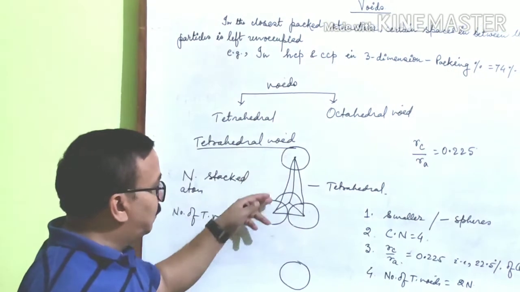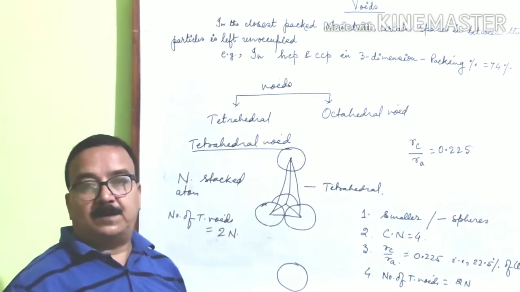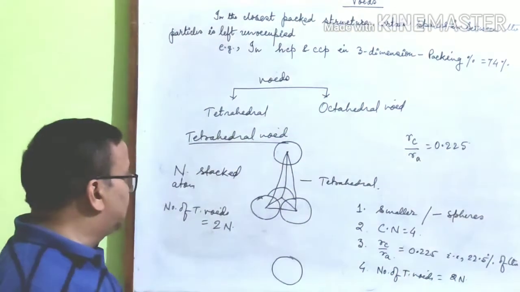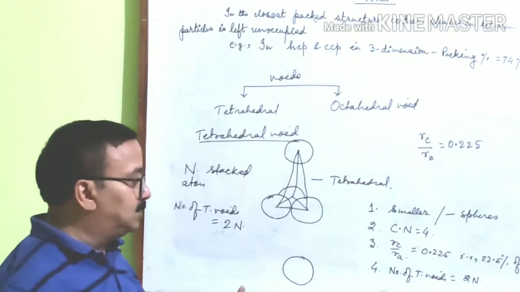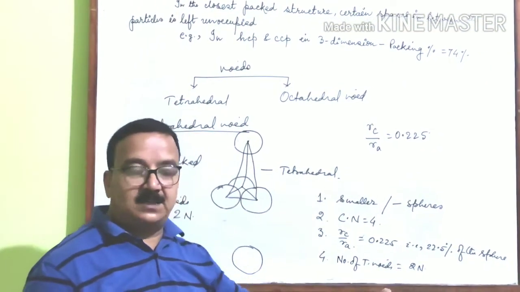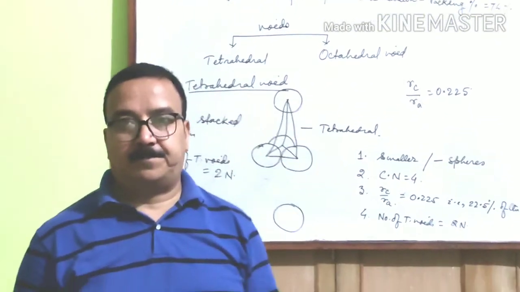Here these four spheres lie along the corners of a regular tetrahedron. So the number of tetrahedral voids per sphere is always equal to 2. Here n atoms are stacked, so the number of tetrahedral voids is equal to 2n.